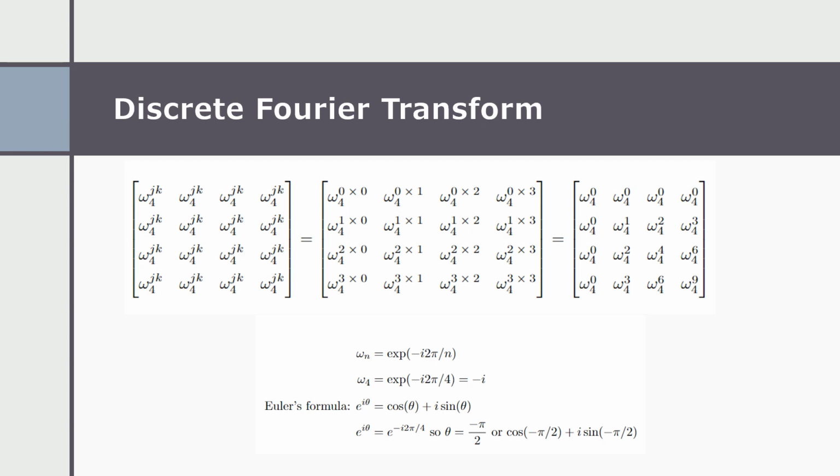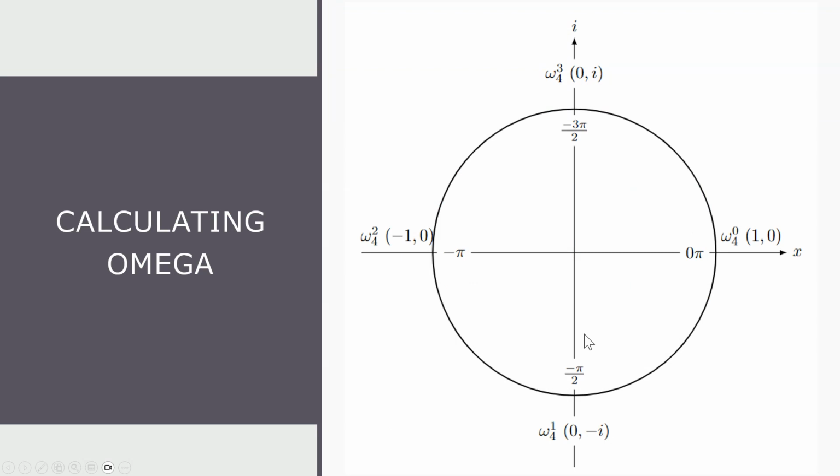From omega 4 we get negative i, and with Euler's formula you can see that it's a negative pi over 2 rotation on the complex unit circle. So as we move negative pi over 2 rotations, we get all the omegas needed for the calculation for a vector of length 4.